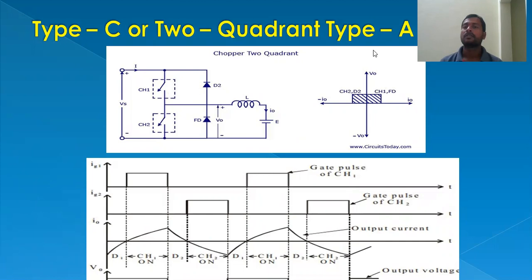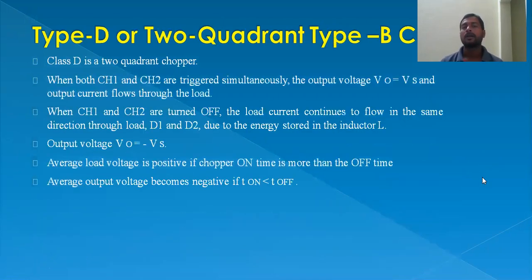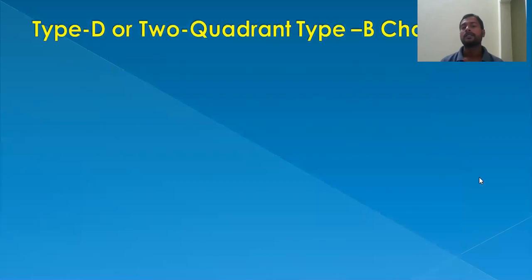So the next one is class D chopper or 2 coordinate type B chopper. This also comes under the type B chopper, which is similar to the type B chopper, but the coordinates will be different.